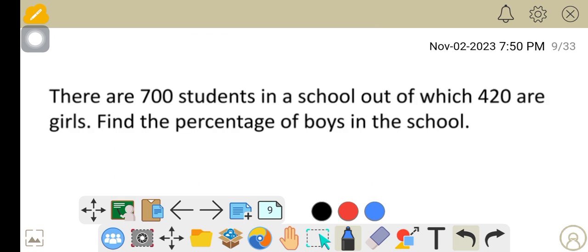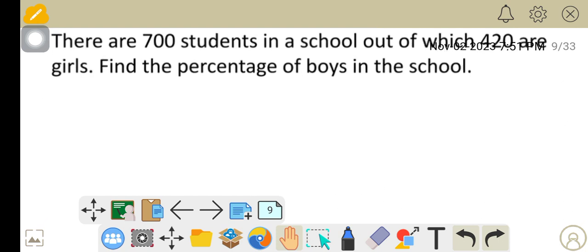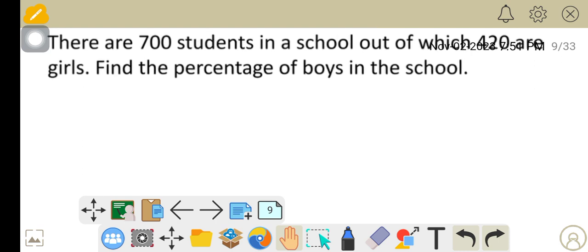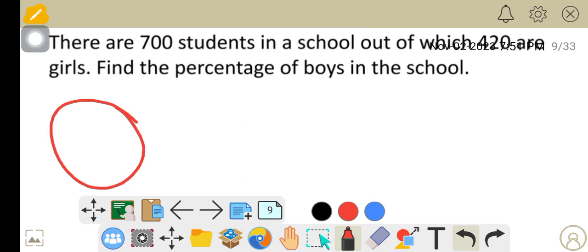Next question. There are 700 students in a school, out of which 420 are girls. Find the percent of boys in the school. It is clear that in the school, more than half the students are girls, and if this part is girls, then the remaining part should be boys.